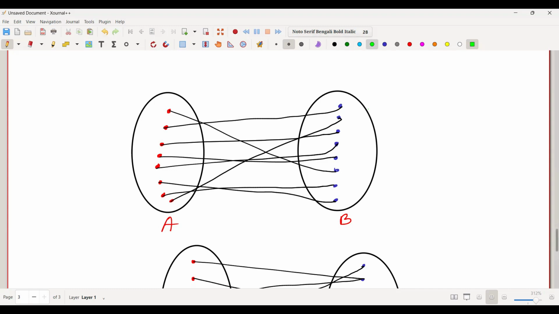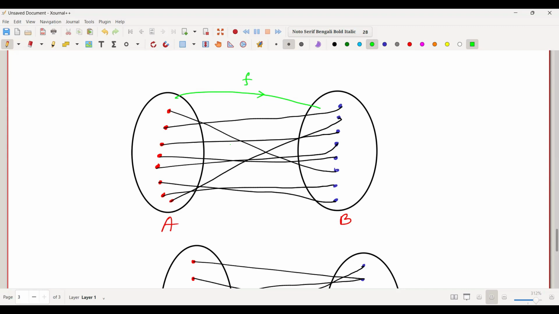So see that each and every element of set A has an image in set B, that is, it is a function. So I am taking this as function f, and no element of set A has two images. That means this is a function.